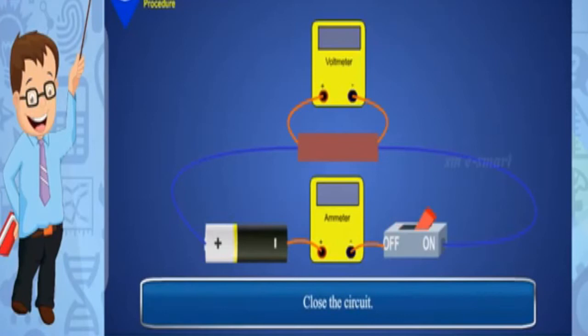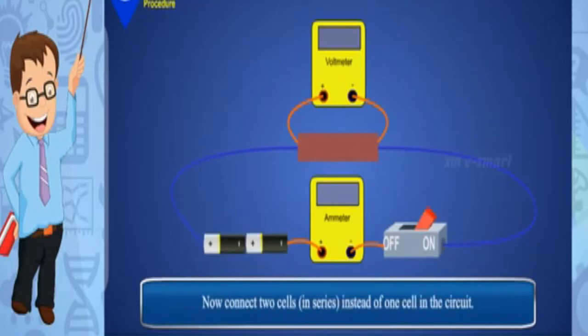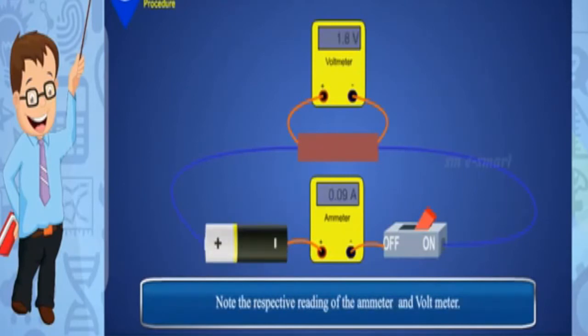Close the circuit. Note the readings of current from the ammeter and potential difference from the voltmeter. Now connect 2 cells in series instead of one cell in the circuit, and note the respective readings of the ammeter and voltmeter. Repeat the same for 3 cells, 4 cells, and 5 cells respectively.